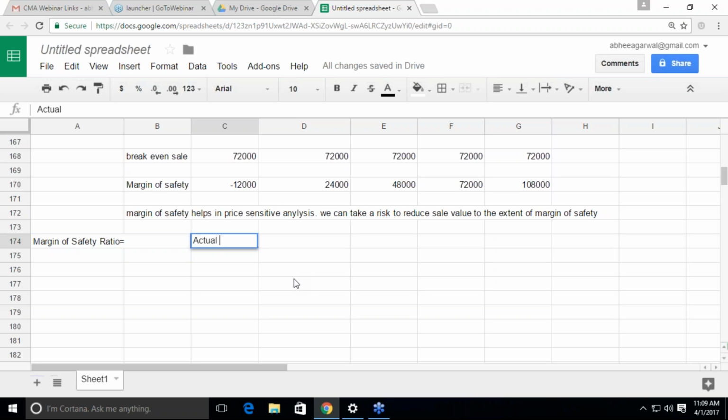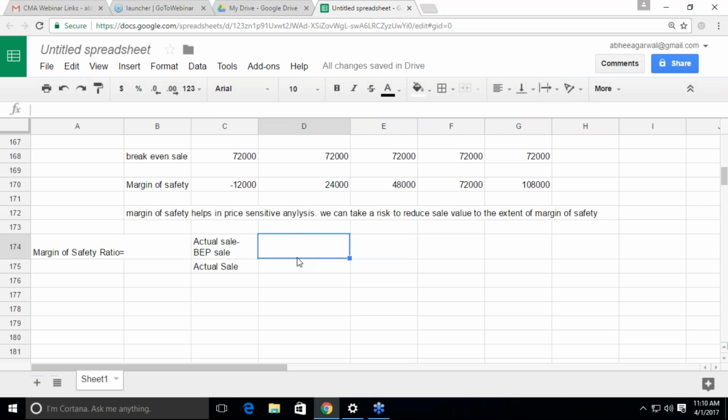A very simple formula: actual sale minus break-even point sale, divided by actual sale, multiplied by 100. That is your formula for margin of safety ratio.